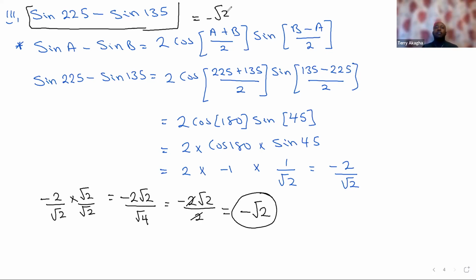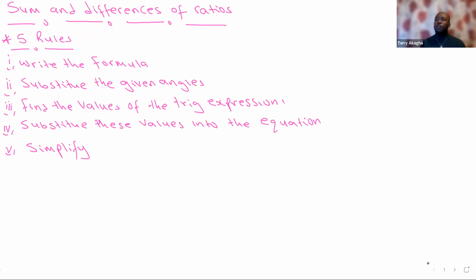So what I can advise, try as much as possible to solve as many questions as you can from the textbook. And just make sure that, like what I said with the rules, the first thing, you write down the formula, try to know the formula. Most of the times, the formulas are written on the formula sheet, so you don't really need to memorize it.